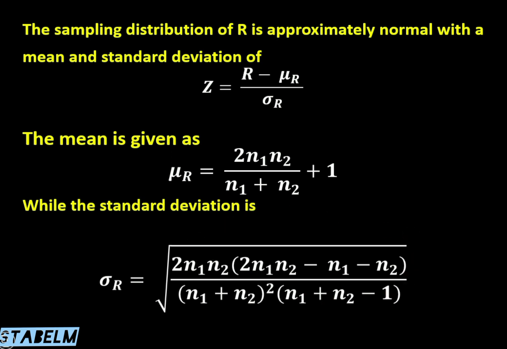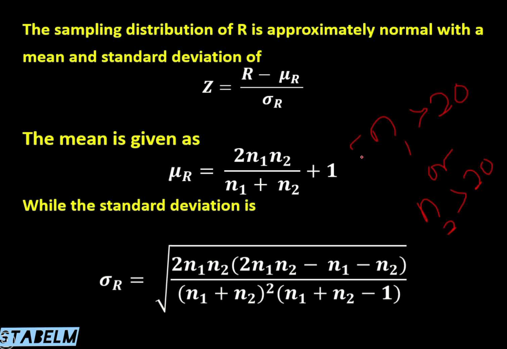Now, why do we say this is a large sample run test? The reason is that if n1 or n2 is greater than 20, let's say n subscript 1 is greater than 20, or we have n subscript 2 greater than 20.